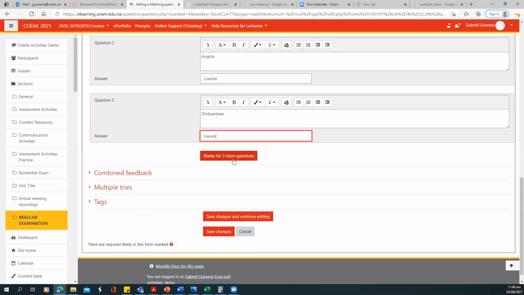You can add more lines if you have more lines to be matched. But I repeat, you could add a whole scenario here that needs to be matched to a certain phrase.